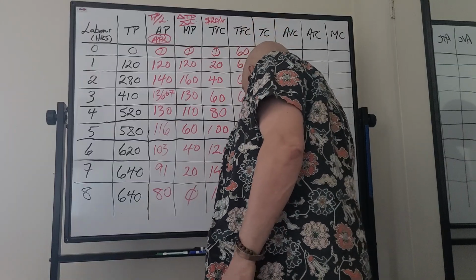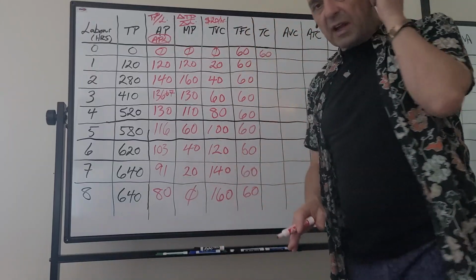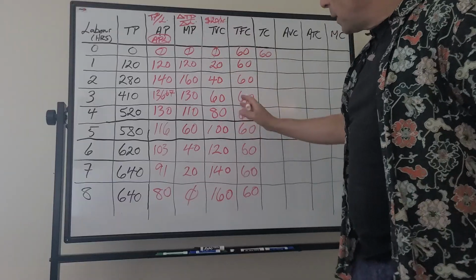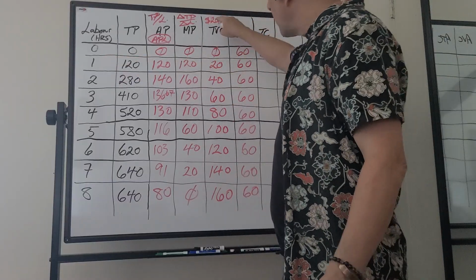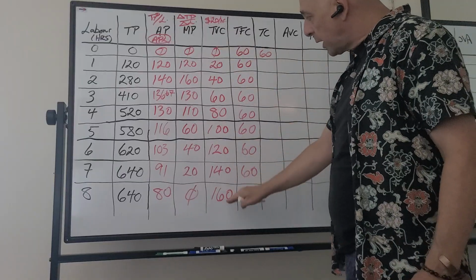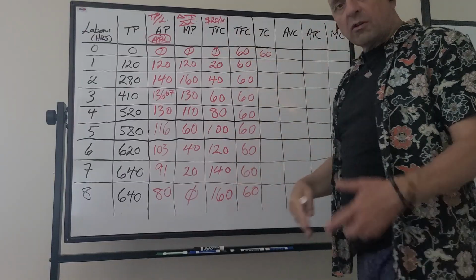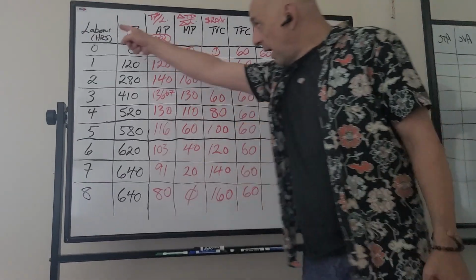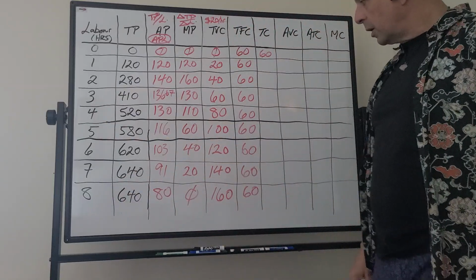And 160. So see, we've now done this by multiplying the number of labor hours times our rate of $20 an hour. As we're going up here, our variable costs are increasing as a product of adding more labor.